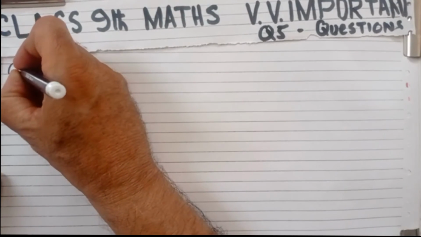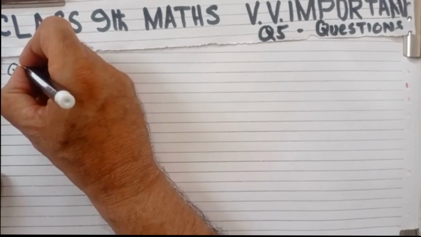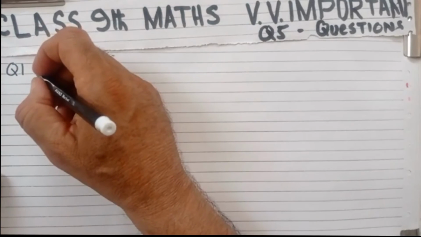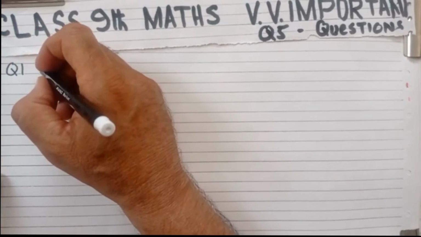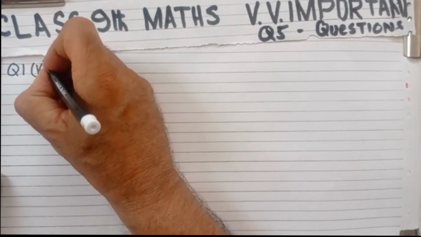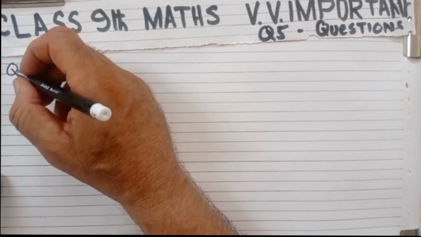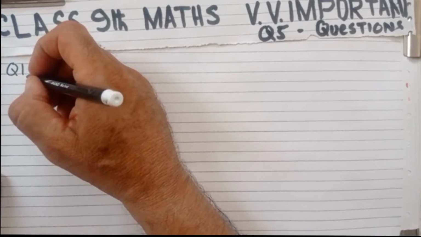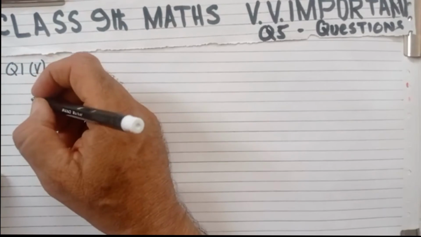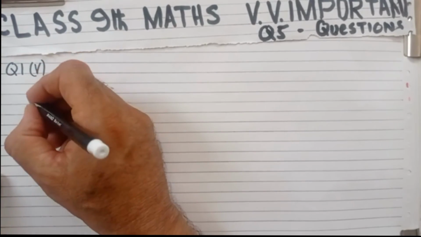The main question is 1. The exercise is review exercise of chapter 5, and the question is number 5. Part 5 of question number 1: what will be added to complete the square of?